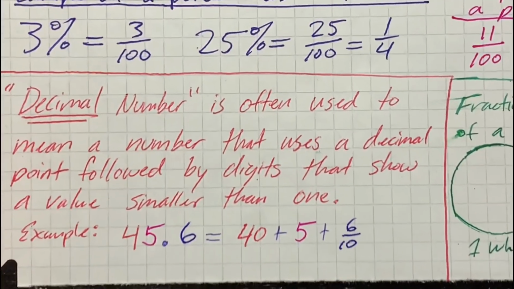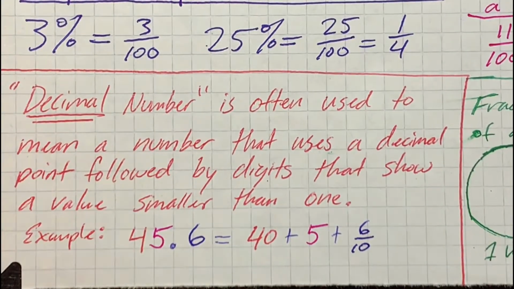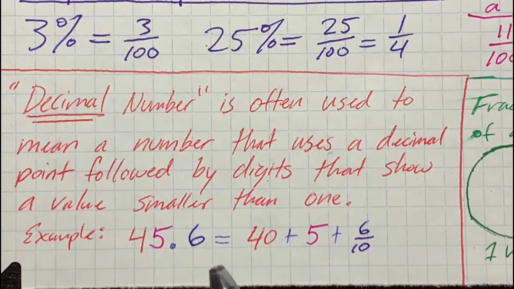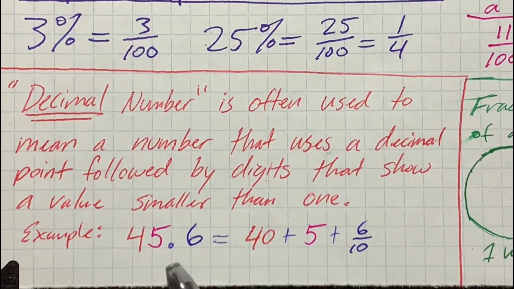Now, let's talk about what a decimal number is. So a decimal number is often used to mean a number that uses a decimal point followed by digits that show a value that is smaller than 1. For an example, we have 45 and 6/10. So in the 45 here, there's 4 tens, so 4 tens is 40.